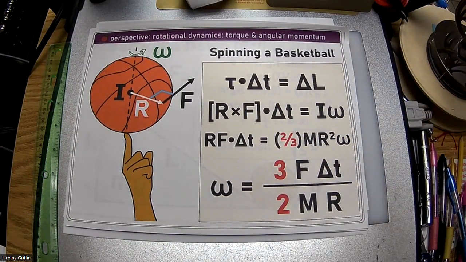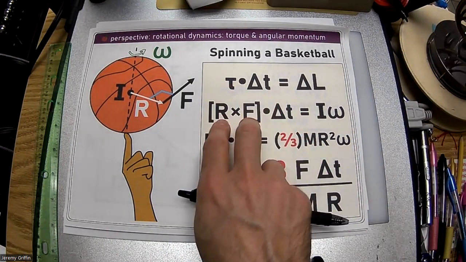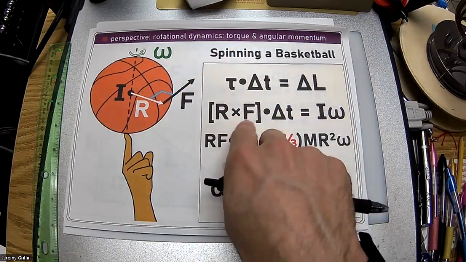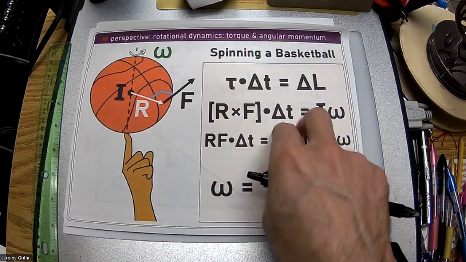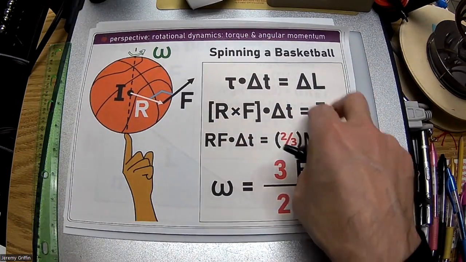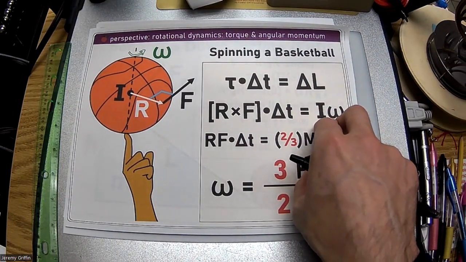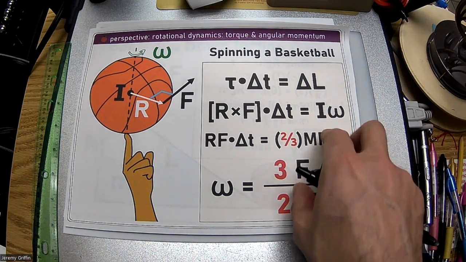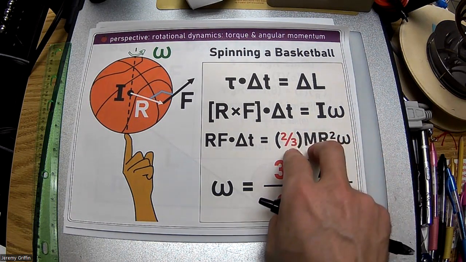Same thing. And I know torque is r cross F. So this basketball has some radius, and I bumped it with some force, I guess a friction force is what that would be. And for some time interval you apply that force, going for some change in angular momentum. Now, if it started from rest, then the final is I times omega. Well, what is I for a basketball? Again, you wouldn't have to memorize this.